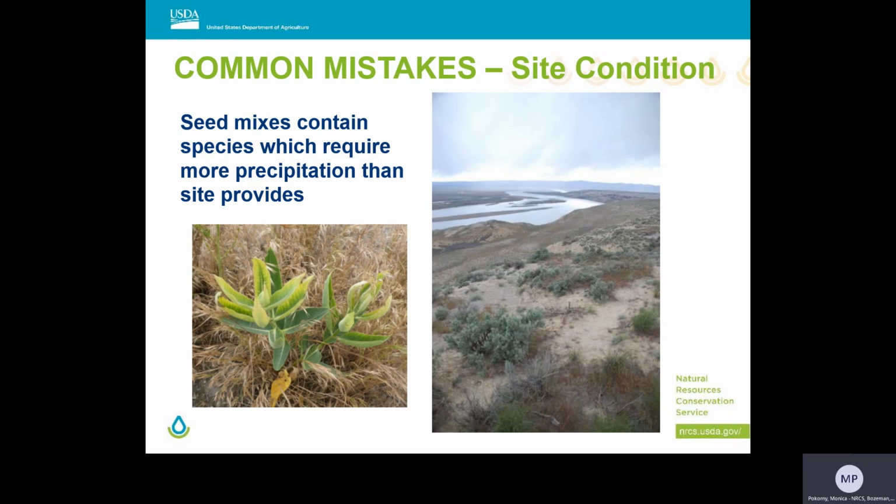But what was really important for this species is that it needed to be seeded at the right soil moisture level. So it needed to have a little bit higher water table. And the site that was selected for seeding was really just too dry. And so you can see in this photo, it was able to establish from seed, but it's very stressed out. And it's also having to compete with a lot of weeds on the site.